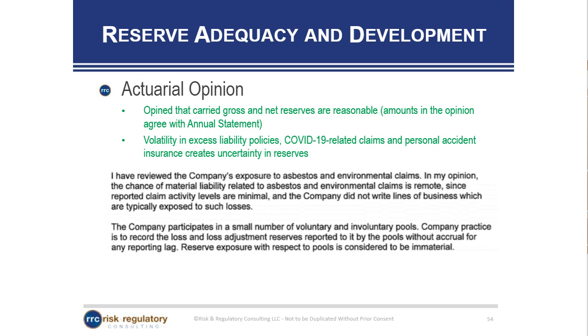They also point out, and I think this is a really good source for understanding sources of volatility in the insurance business. In this case, because of excess liability policies, COVID-19 related claims, and personal accident insurance policies, the presence of those factors creates uncertainty in the reserves.